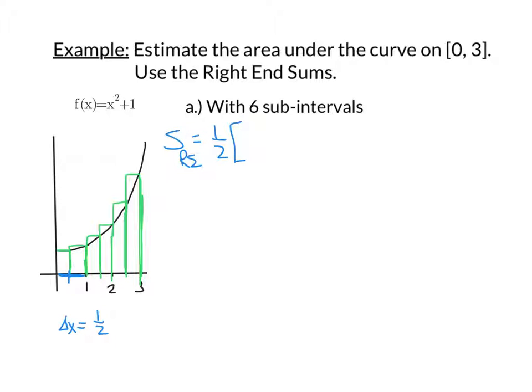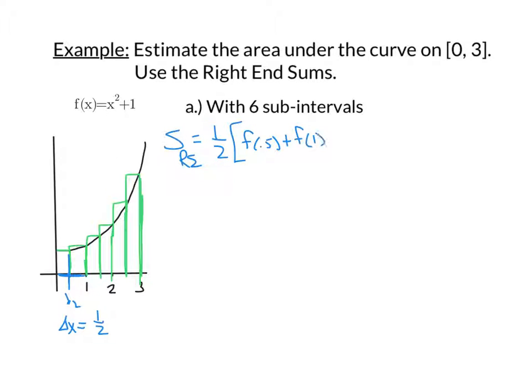To find the height, I'm going to take the functional value. But I'm not starting at 1. My first rectangle here, the x value is actually 1/2. And so I'm going to use 0.5 in there, or 1/2, however you want to look at it.